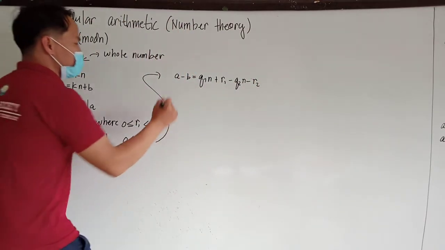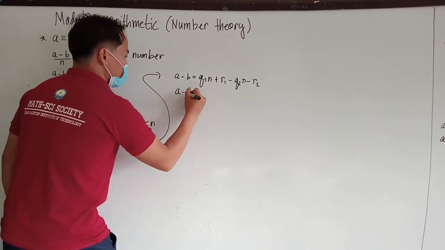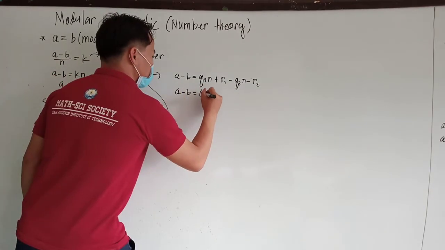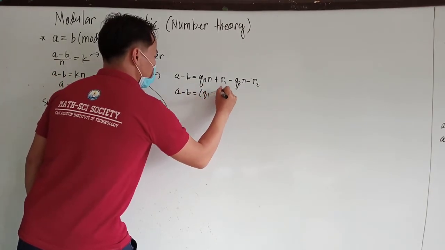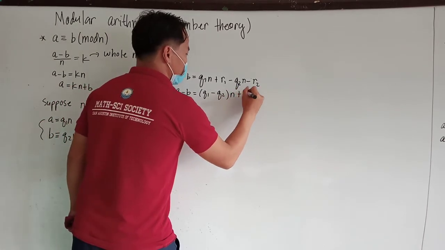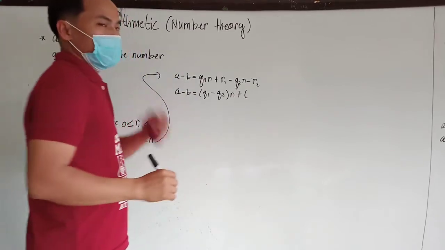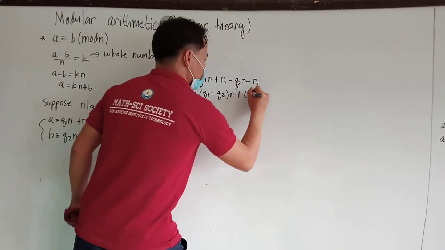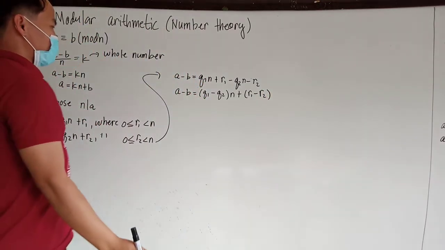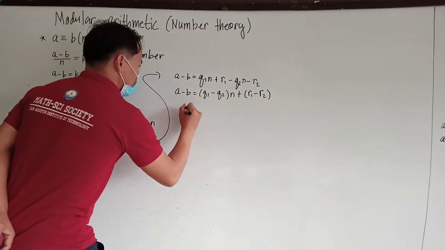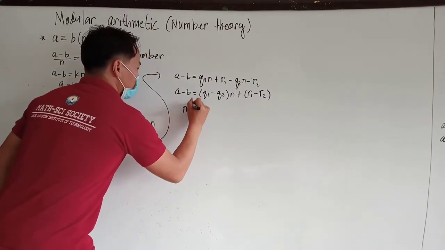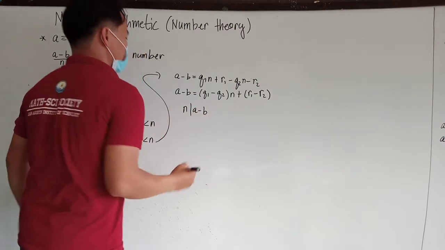Then combining like terms, that is equivalent to the quantity Q sub 1 minus Q sub 2 times n, plus the quantity in terms of the remainders, R sub 1 minus R sub 2.